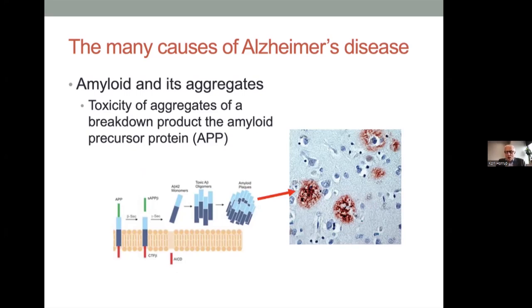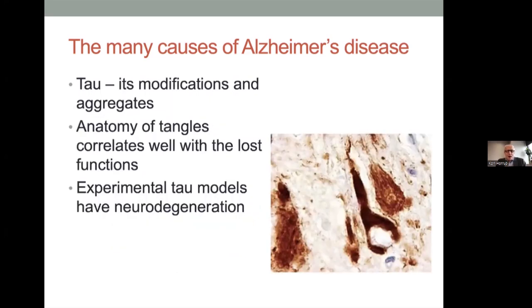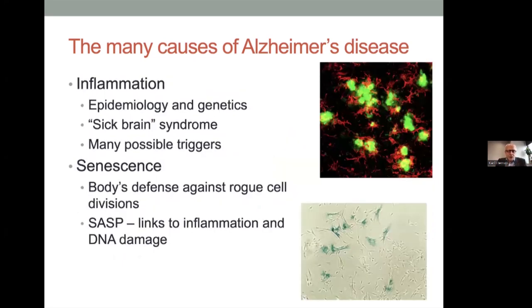Its products are toxic, maybe. I'm happy to include tau as one of the causes. In fact, the biology backing up tau is much better than the biology backing up amyloid. But as I've said, inflammation certainly has to be near the top of anybody's list of a possible cause of Alzheimer's disease. I would add senescence, which increases with aging and actually may contribute to the inflammatory process.